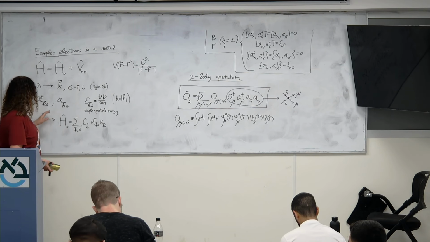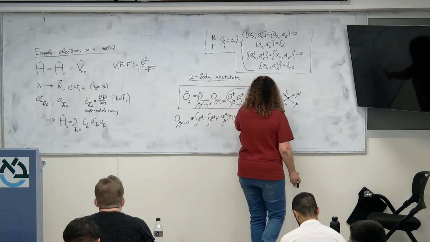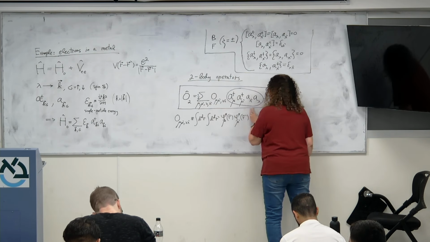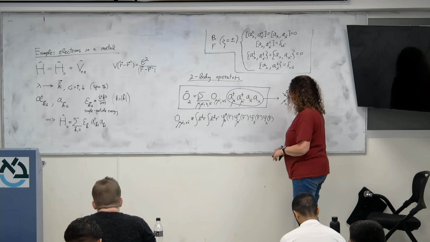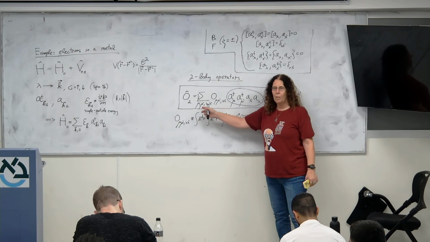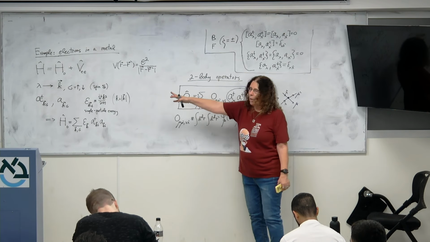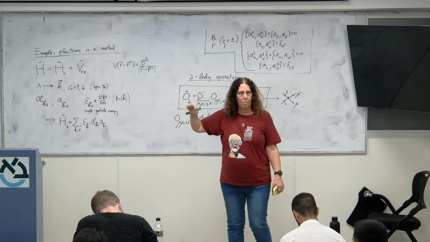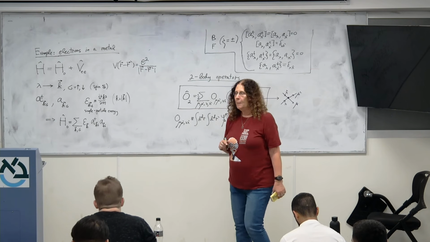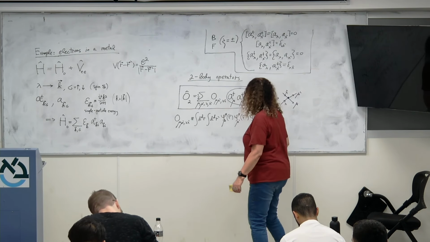Actually, this general expression can be applied here, where I just have to remember that each of the lambdas and mu's is going to be some K and some sigma. And I have to sum over all the possibilities.